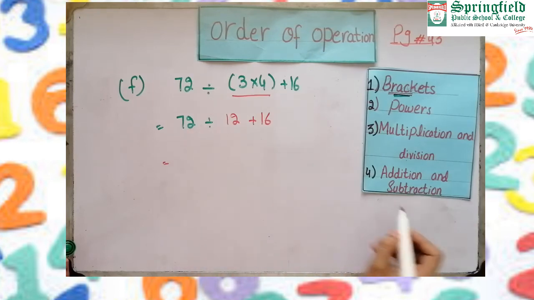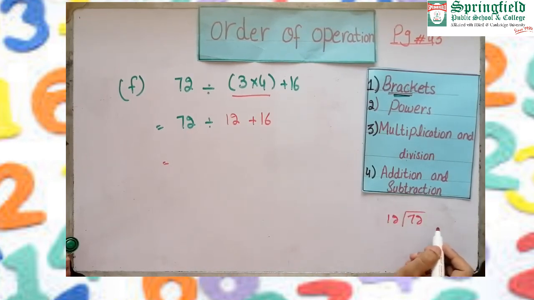So 72 divided by 12. 12 ones are 12, 12 twos are 24, 12 threes are 36, 12 fours are 48, 12 fives are 60, 12 sixes are 72.